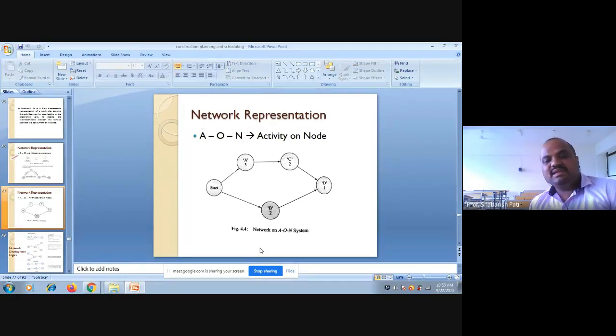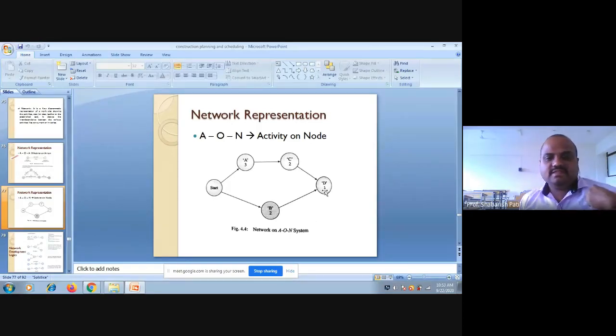But remember, this is not so popular because there are some difficulties with understanding this technique and proceeding to further calculation. So generally, we don't prefer this type of representation of network. We generally go with the activity on arrow method.